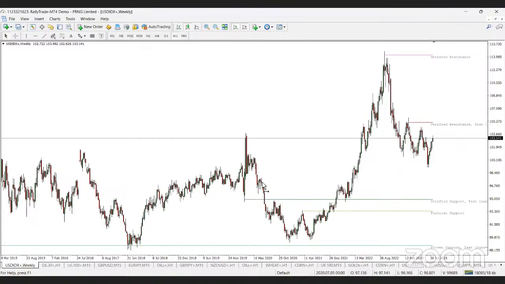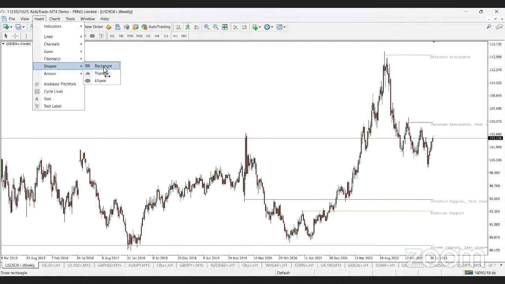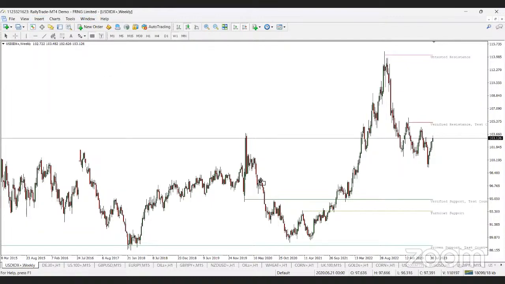From that lockdown, sometime around March, the dollar index fell. Around this time here, we had a very strong fall on the dollar, for the majority of 2020.